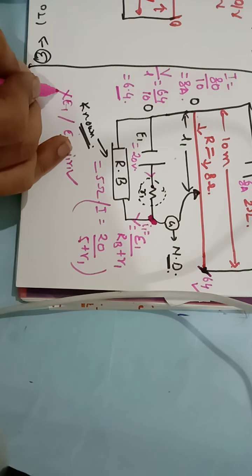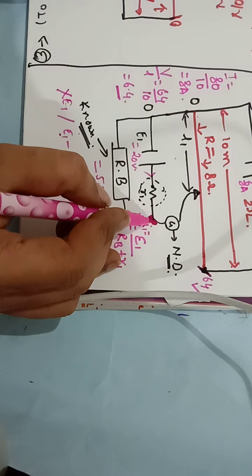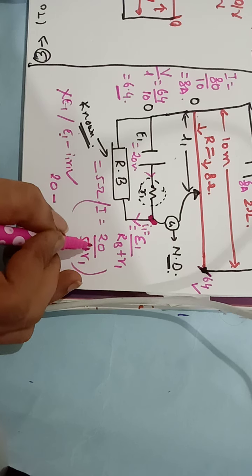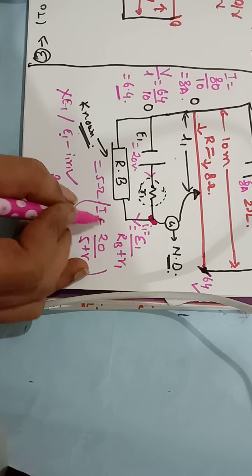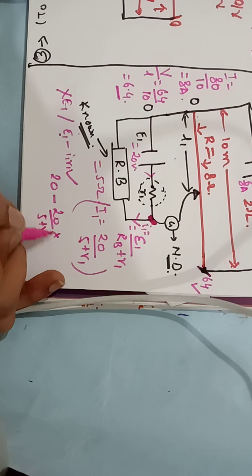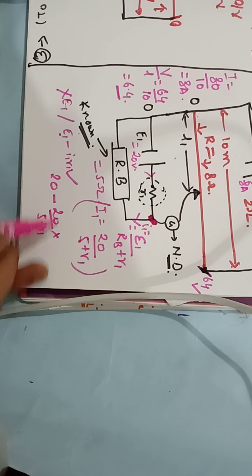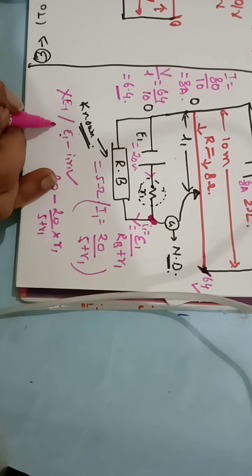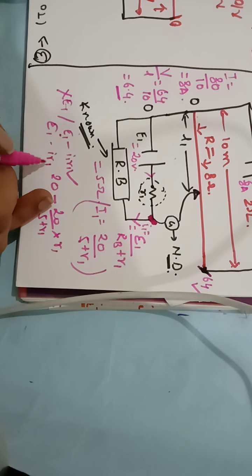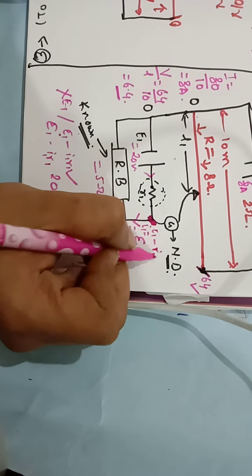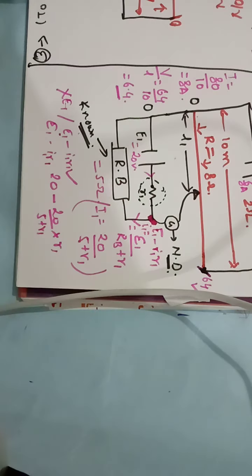So here, 20 minus I1, where I1 is 20 by (5 plus R1), into R1. It is E1 minus I1 R1, right?